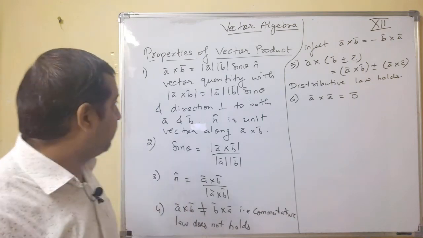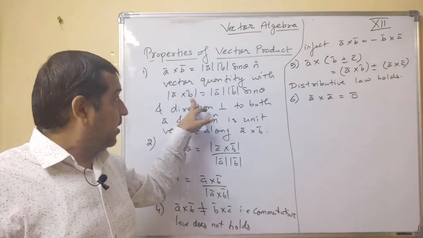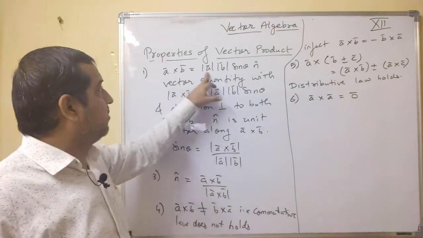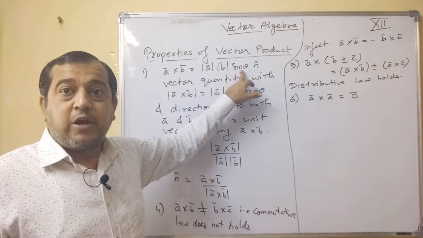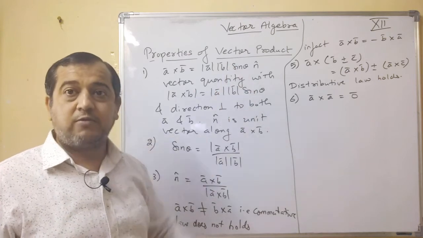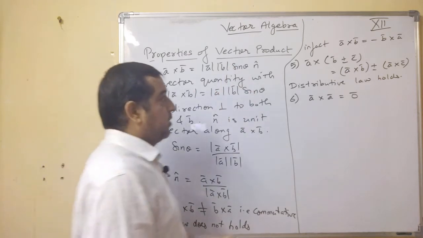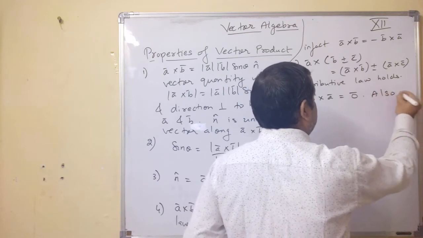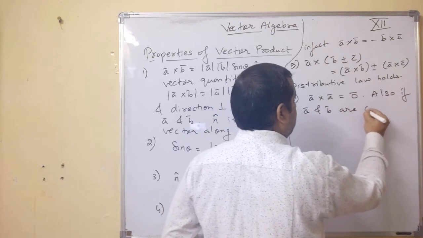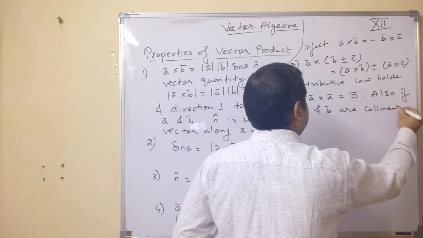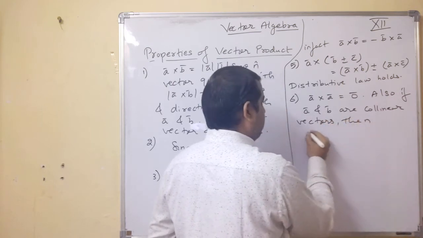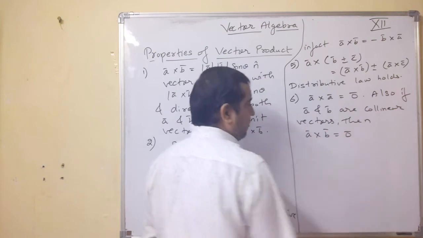Okay, why? If we replace this B by A, here you get mod A mod A. Here it will be sine of 0 because angle between A and A is 0. So here you get sine of 0, and what is sine of 0? It is 0. Okay, also if vector A and vector B are collinear vectors, then vector A cross vector B is equal to 0 vector.